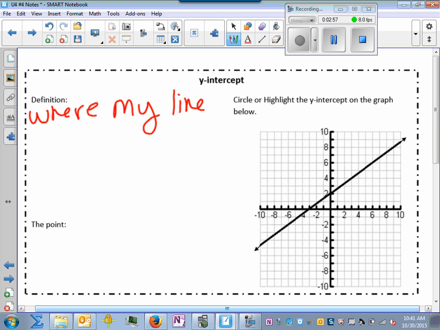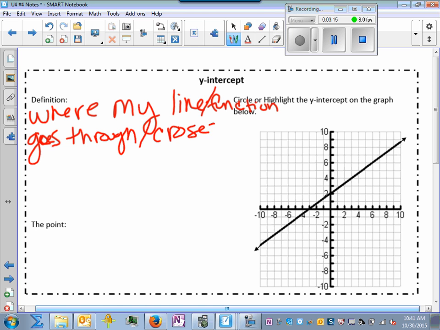Where my line or function goes through, oopsies, that is not goes through, crosses, intersects. Again, I want you to at least write intersects and one of these two. Intersects is the correct term. These two will help you remember what intersect means if you forget what intersect means. Line or function goes through, crosses, intersects the what axis?